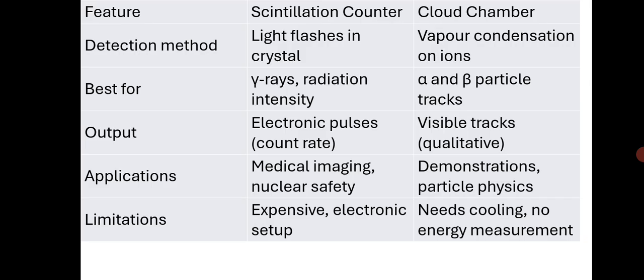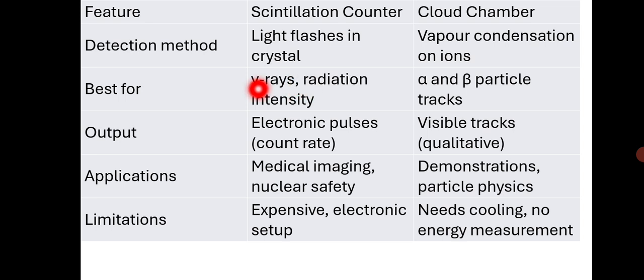Now, let us compare the two. We are going to compare the scintillation counter and the cloud chamber in terms of detection method. The scintillation counter uses light flashes in a crystal, while the cloud chamber uses vapor being condensed on ions.